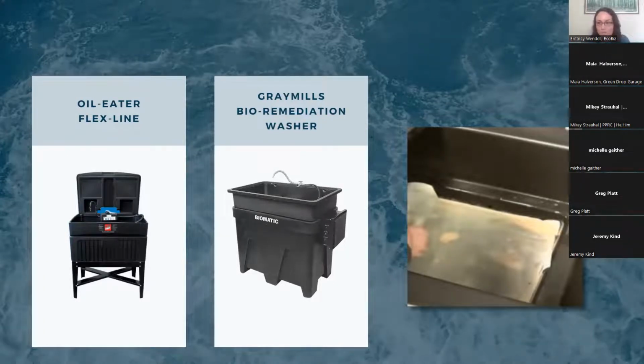According to one of the brands, CRC, their mat not only picks up large particles and grease, but it also helps release the microbes into the solution. And if enzymatic type washers are of interest, you probably want to shop around for the best fit for your operation. Some of them may require servicing contracts, so just something to be aware of.